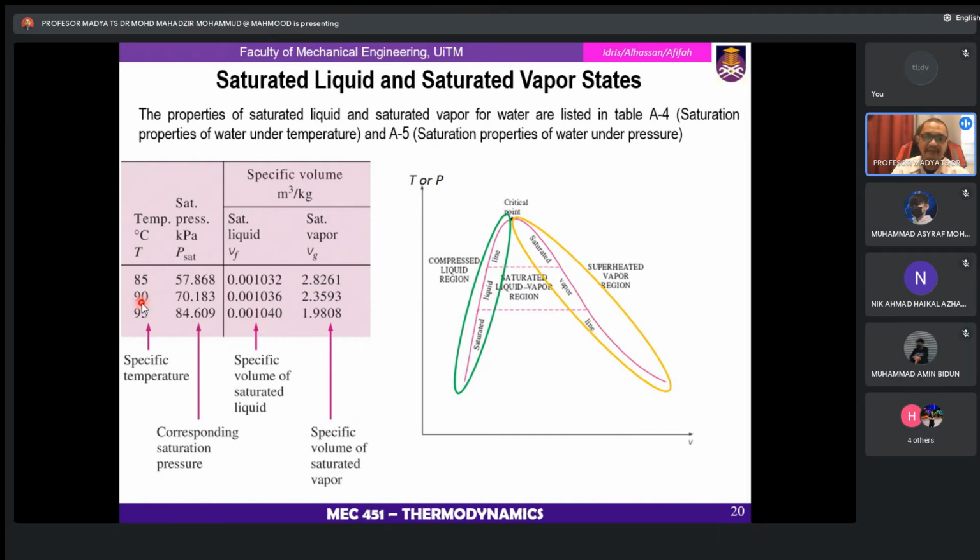The specific volume is 0.001036 meter cube per kg, and the specific volume at g is 2.3593 meter cube per kg. That is the answer for the specific volume on the saturated liquid line, and also the specific volume on the saturated vapor line.